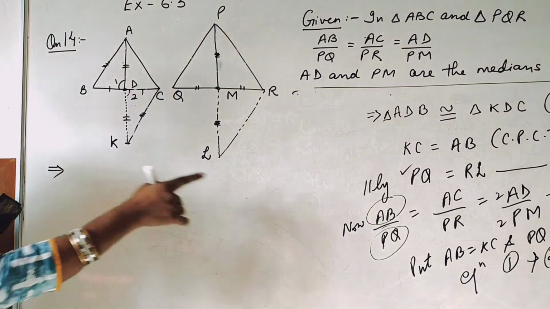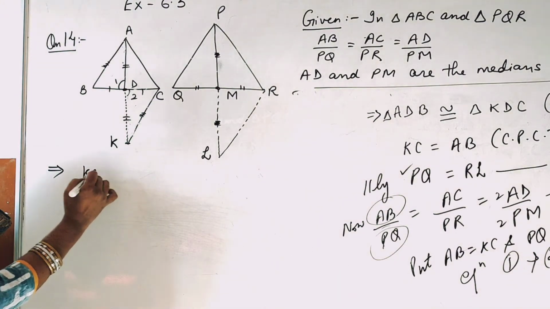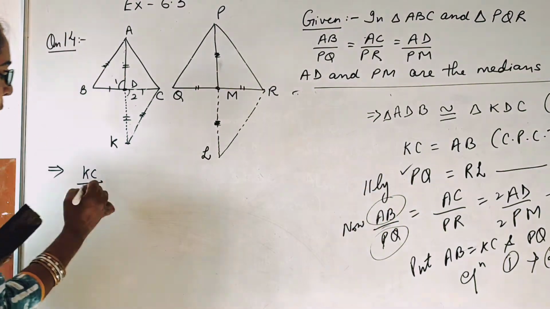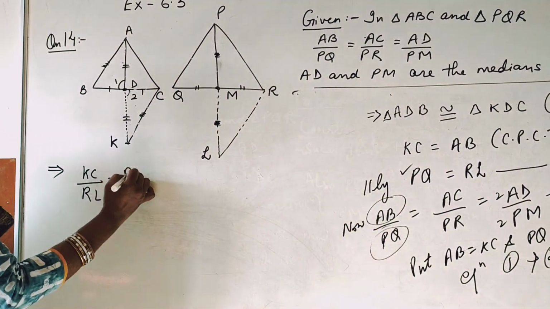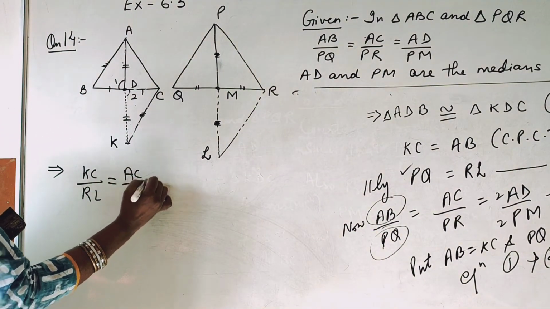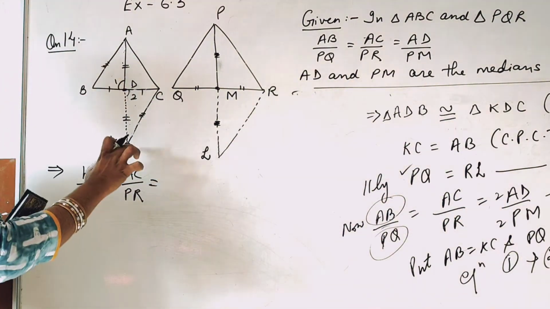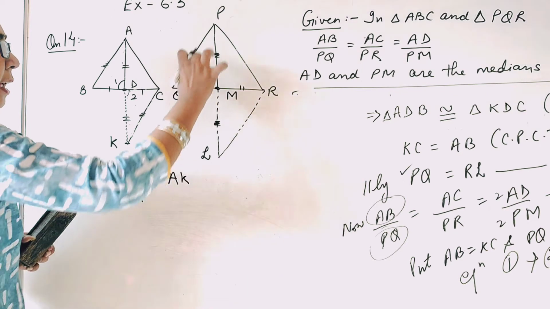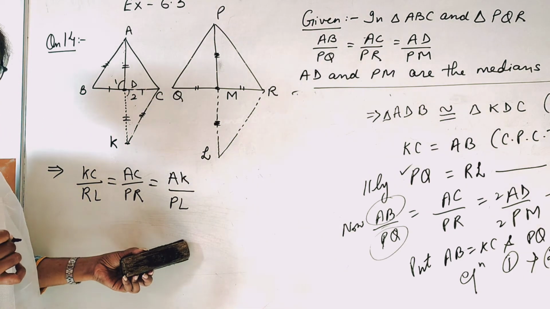Okay, this will be equal to this. AB by KC is now PQ by RL. AC by PR will be the same, but twice of AD, can I write it as AK? And twice of PM is PL. Why have I written this?